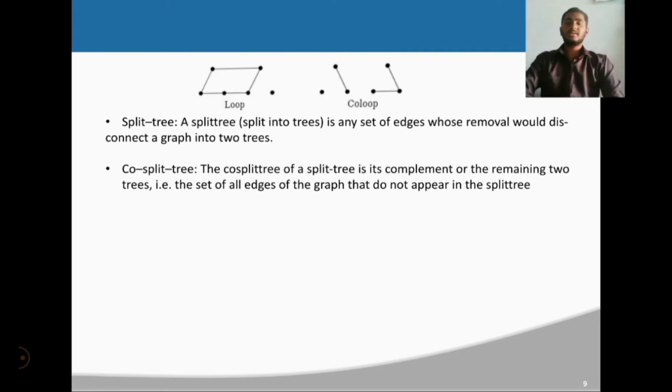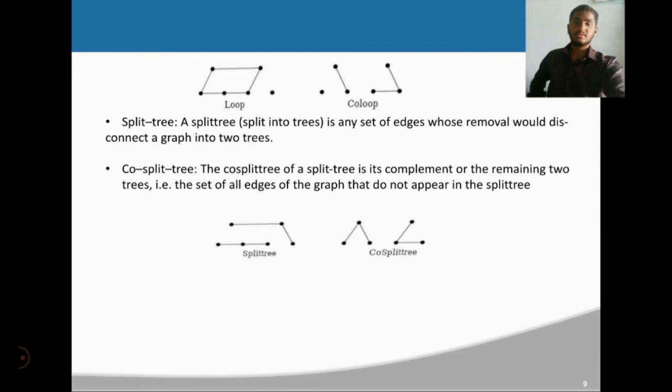Split tree. A split tree, or 2-tree, is any set of edges whose removal would disconnect a graph into two trees. Co-split tree. The co-split tree of a split tree is its complement of the remaining two trees, that is, the set of all edges of the graph that do not appear in the split tree.